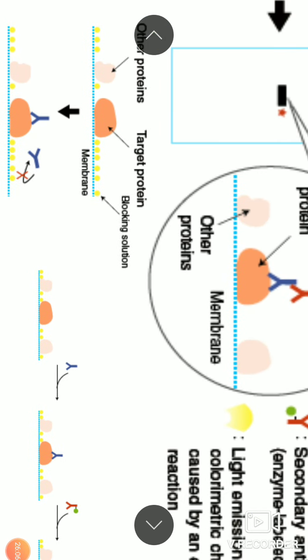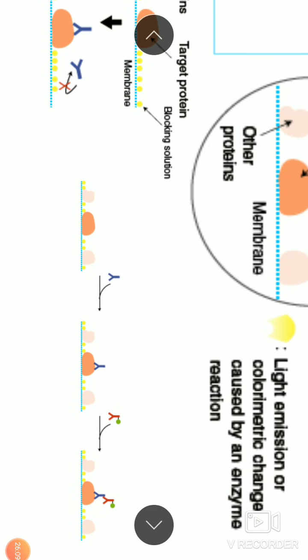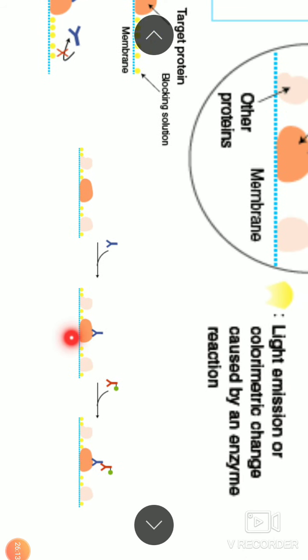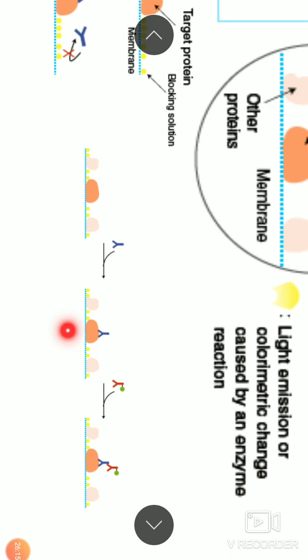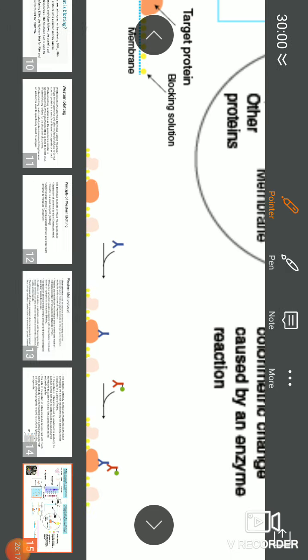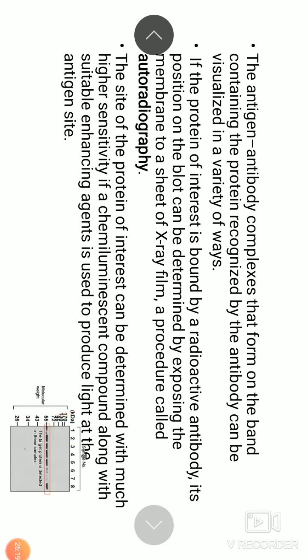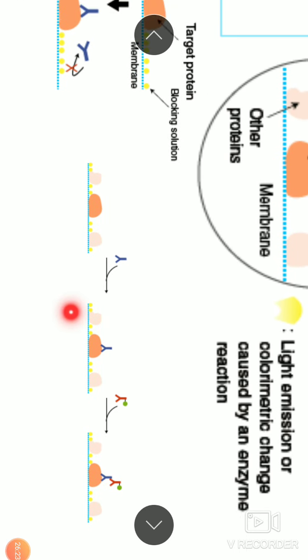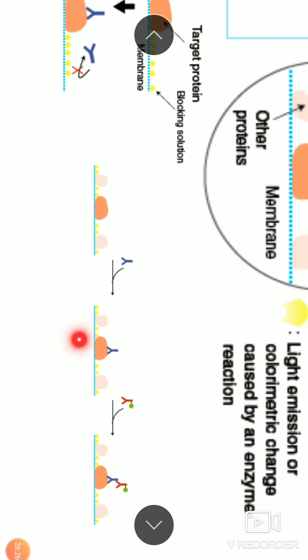Once they are blocked, then the primary antibody is added, so that it can recognize the protein of interest. Here you can see there are many other proteins which are not recognized by the antibody. Only the protein of interest is recognized by the antibody.